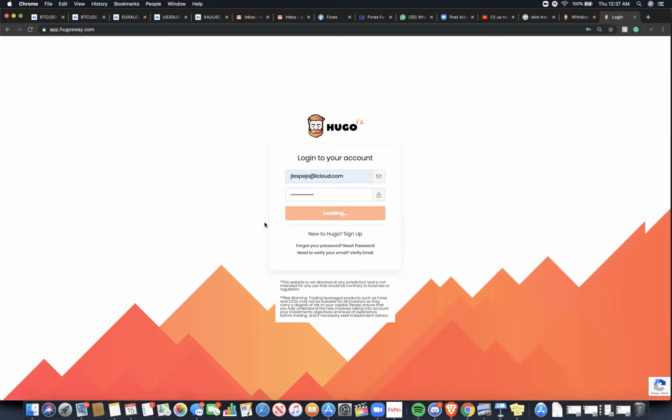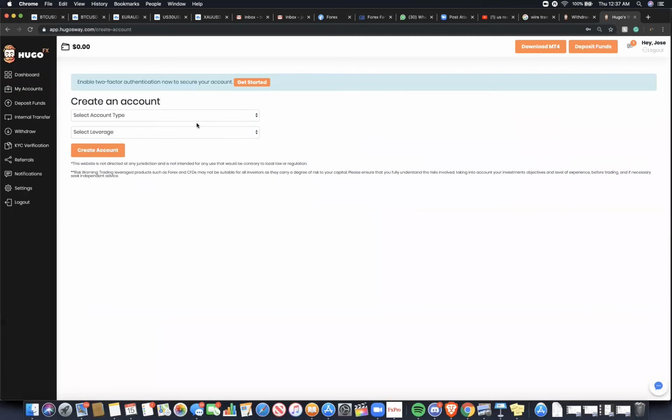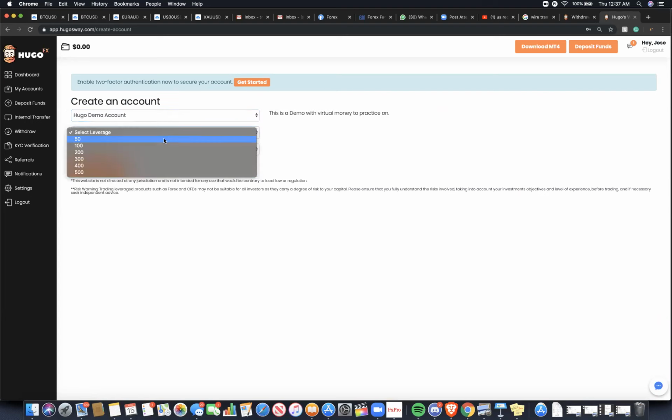I'm going to use an account that I use to show examples. If I go to my accounts and create an account, I can see here that I have an MT4 ECN or demo account. If I click on demo account, I can select the leverage.